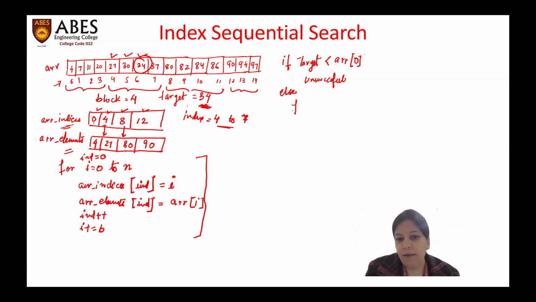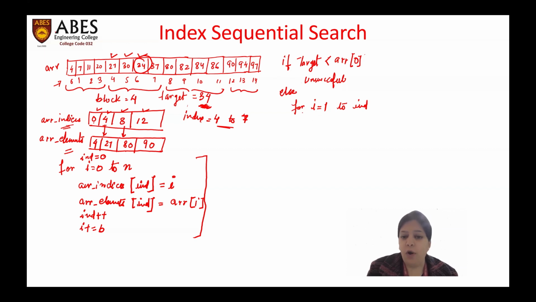So we can take any variable I, which is equal to 1 to the number of elements in the index array.